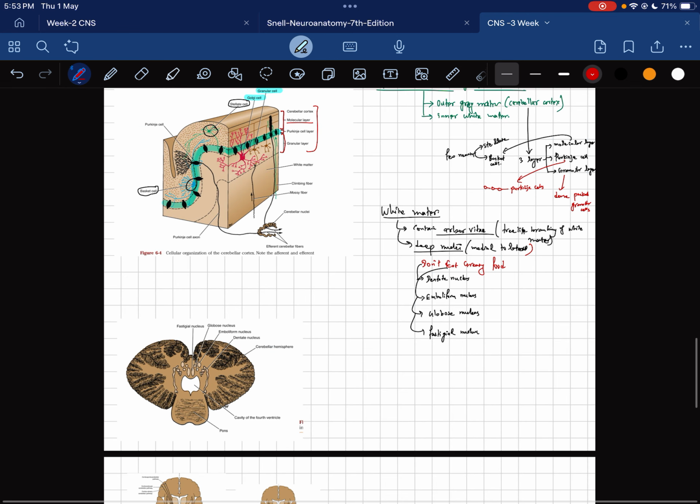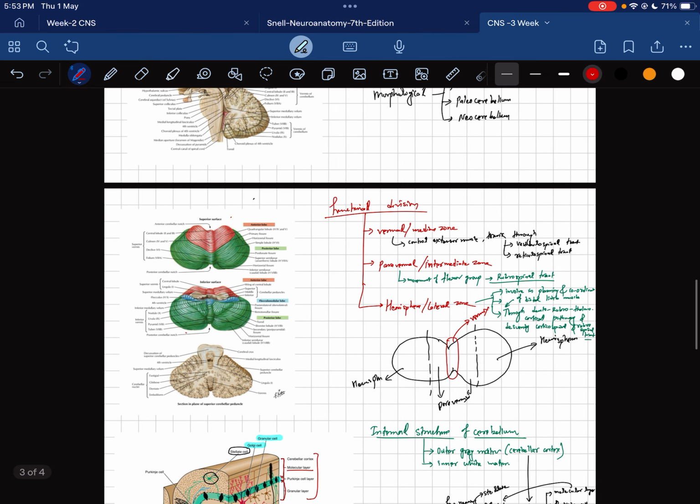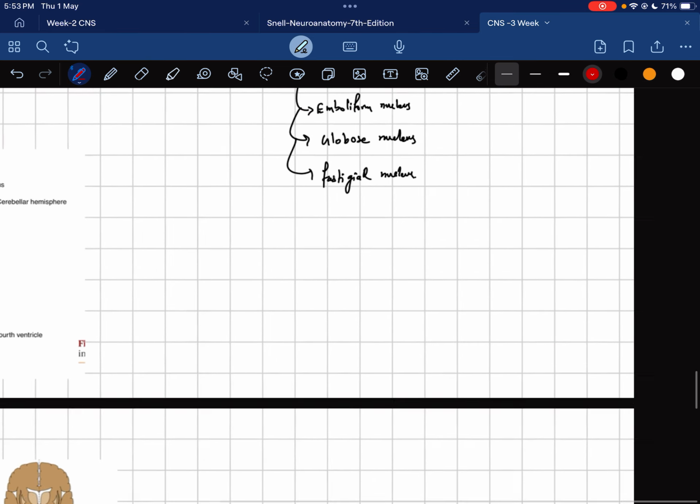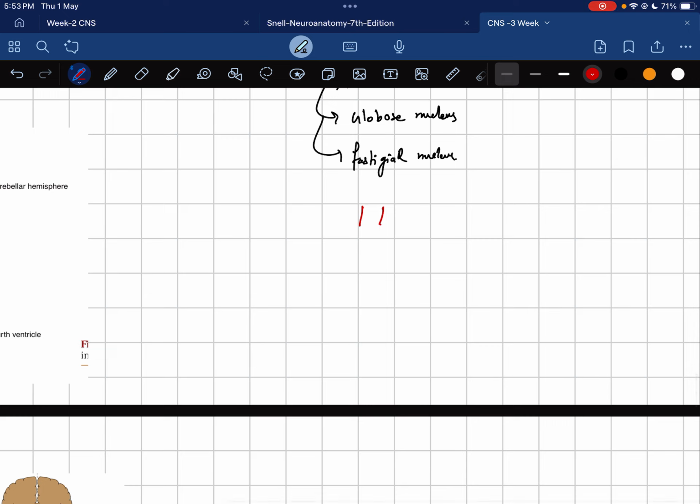Moving on to the peduncles. This is the hindbrain: pons, medulla, and then the spinal cord, and behind that there is the cerebellum. From the midbrain, from the pons, and from the medulla to the cerebellum there are nerve fibers, and these nerve fiber bundles are known as peduncles.